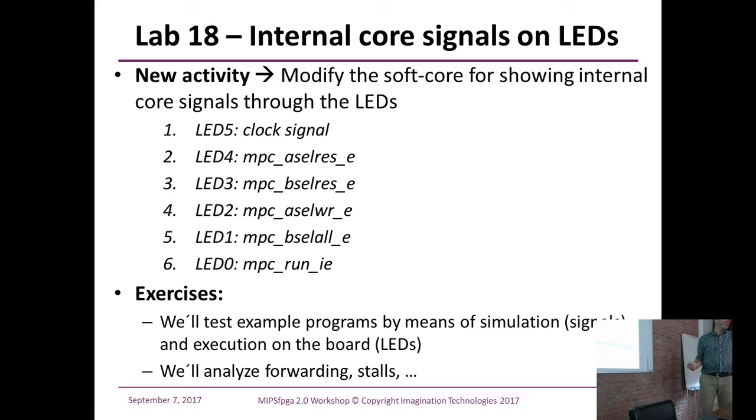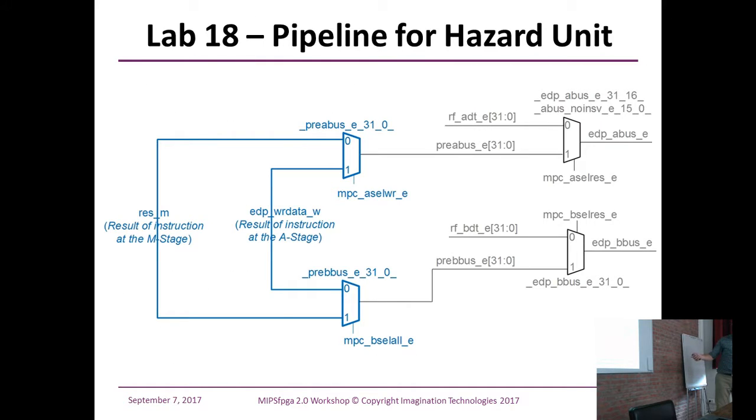We'll also analyze a simulation, but we'll also change the soft core to show in the board internal core signals. Okay? Specifically, we will show this signal, this one, and this one. The signals determining the value to select in the multiplexers that select between the register file or the forwarding value.